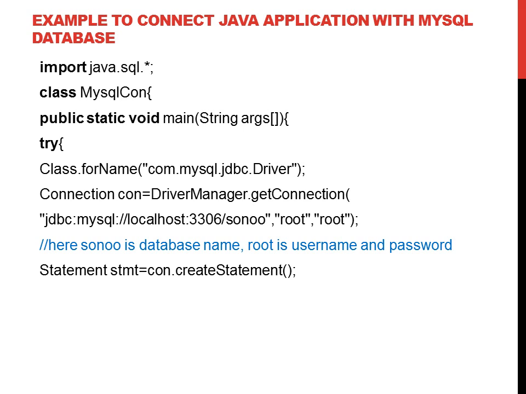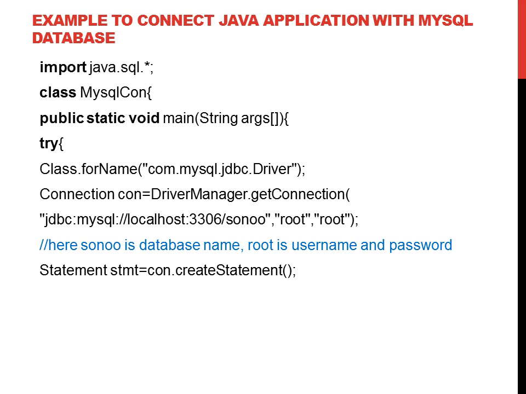For that you have to import the SQL package. Inside the main, the first step is to load the driver of MySQL. You have to register the MySQL driver, using the code Class.forName com.mysql.jdbc.Driver. Then the next step is to establish a connection to the MySQL database.